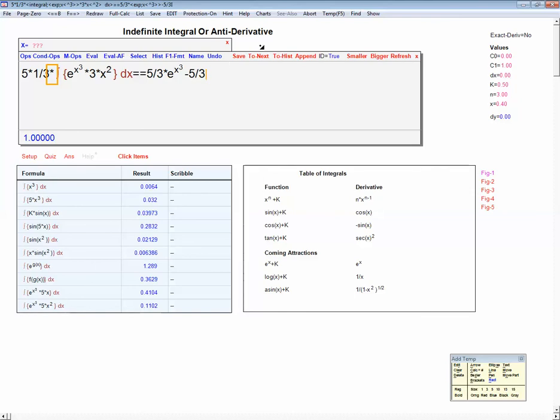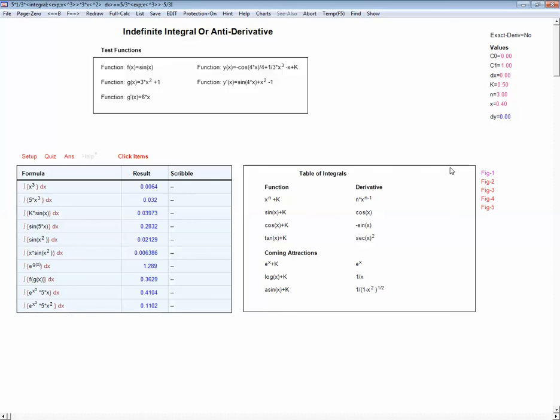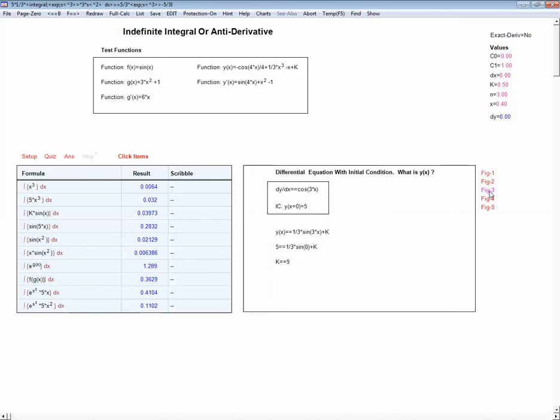All right, what do we want to talk about next? Let's see, I forget, but we go to figure 3. Okay, yeah, this constant. How do we determine this constant? Well, the situation we're dealing with is called a differential equation with initial condition. Suppose, for instance, we're told that the derivative, dy dx, is the cosine of 3x.